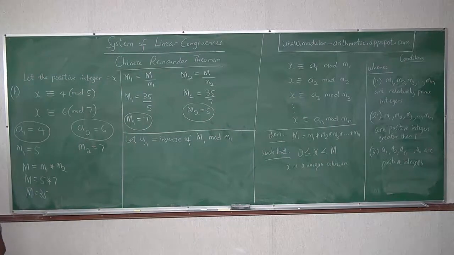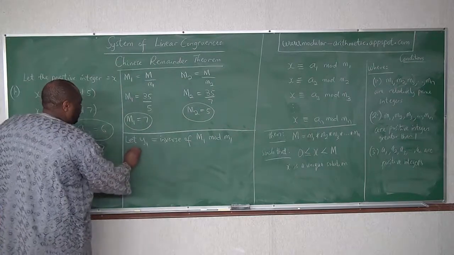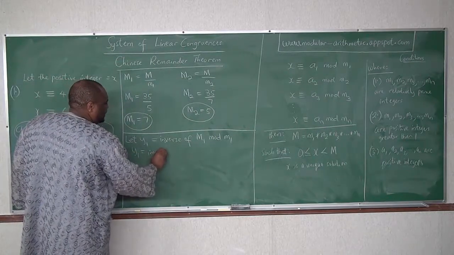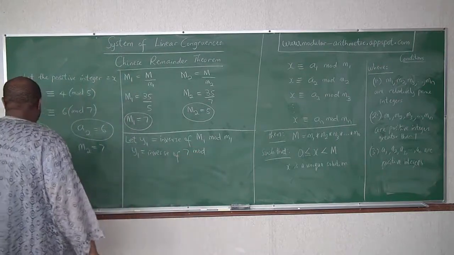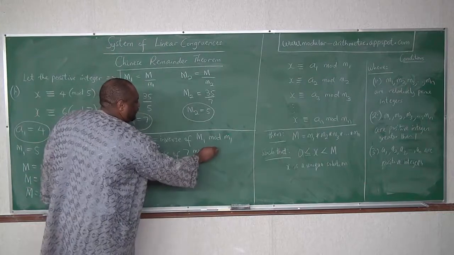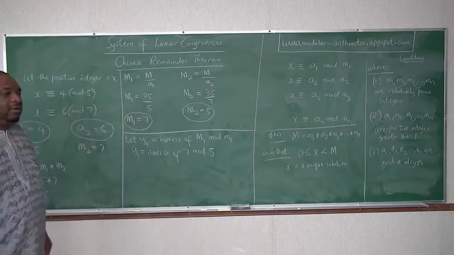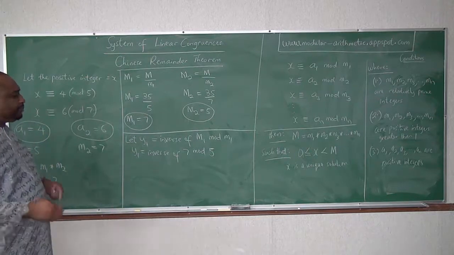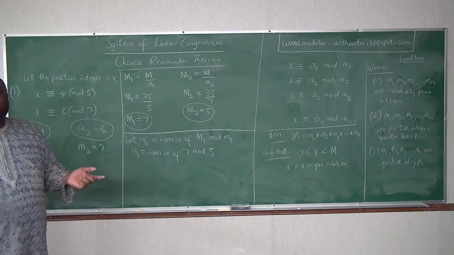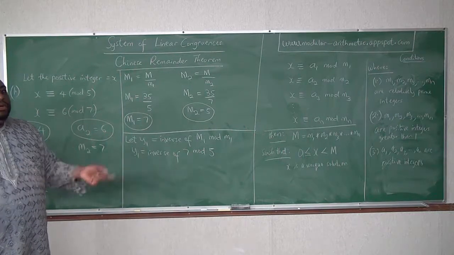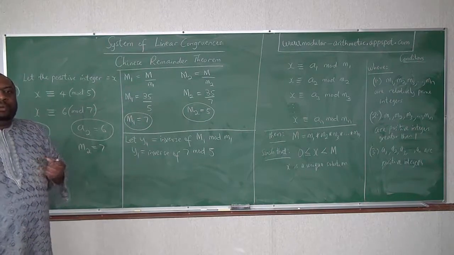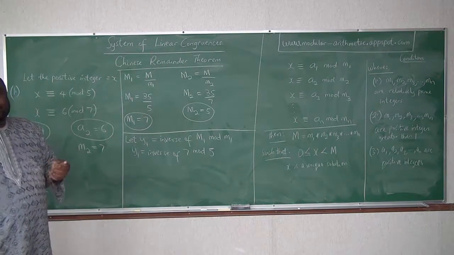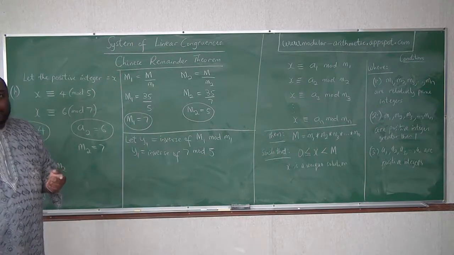So it goes back to our inverse. We have to find our inverse. This means that y1 would be the inverse of 7 mod 5. That is our y1. Before we find the inverse, let us find the GCD. We know the GCD is going to be 1 anyway, but from there we can get the Bezout coefficients and then get the inverse.